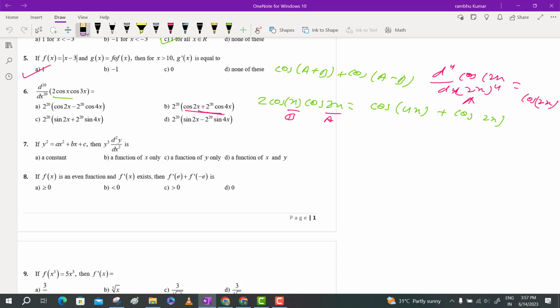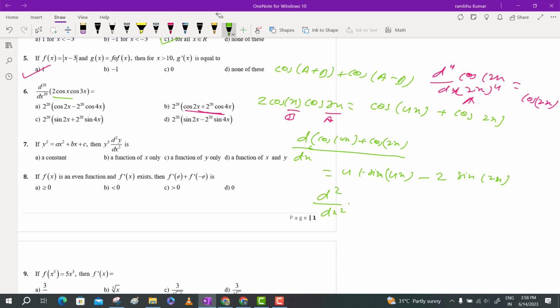So this one we can write d/dx of cos 4x plus cos 2x as 4 times minus sine 4x minus 2 sine 2x.